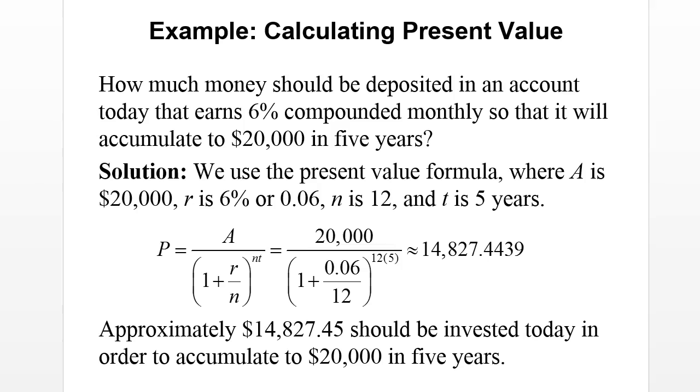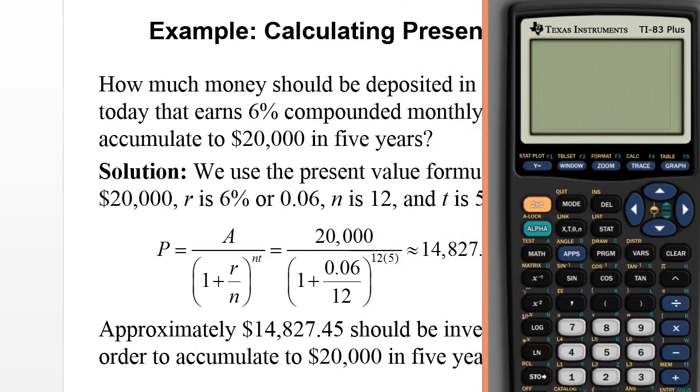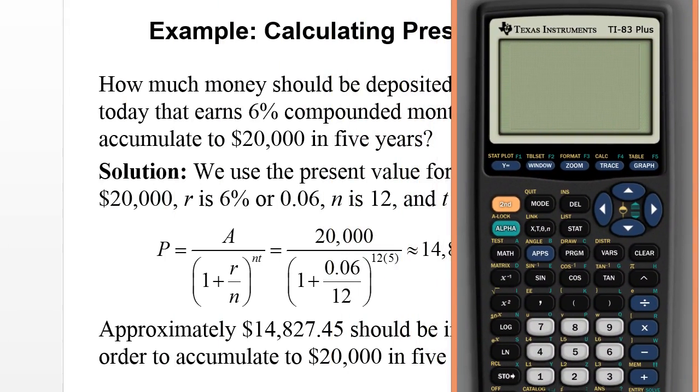You just got to be really careful when you put things like this into your calculator. Again, a good scientific calculator can handle all of these calculations, but if your calculator is not a scientific calculator, you're going to have to do the order of operations on your own. So it's definitely worth your time to get a calculator that can handle order of operations.